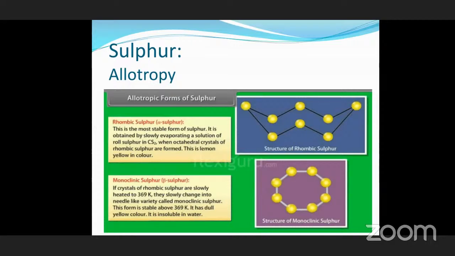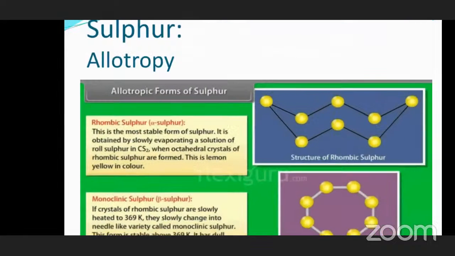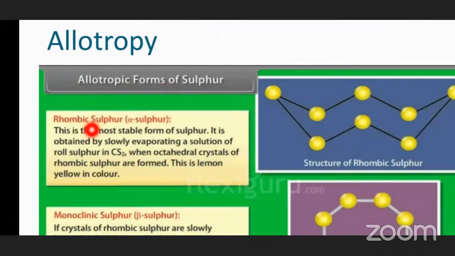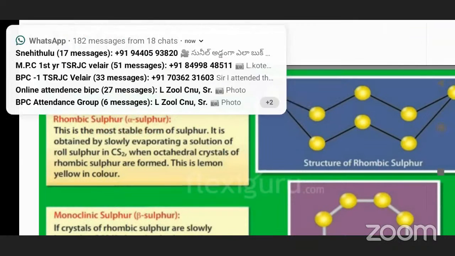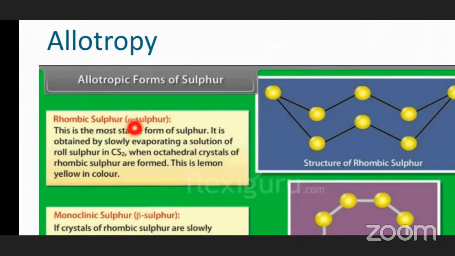Similarly, sulfur also shows some allotropies. What are those? Number one allotropy is rhombic sulfur, also called alpha sulfur. It is the most stable form in nature, and rhombic sulfur is present in a crown-type shape.